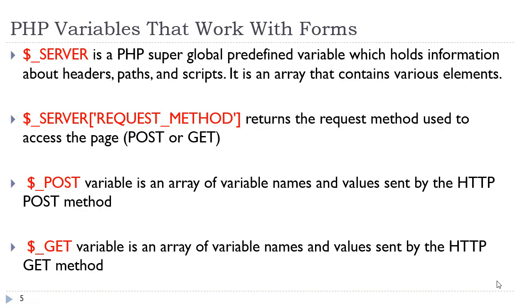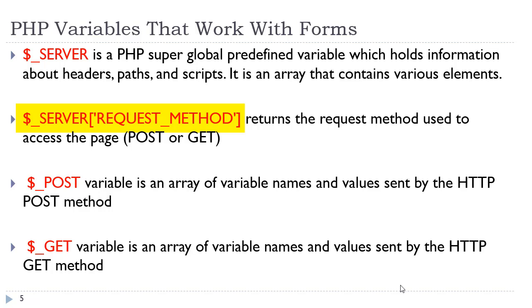PHP has several built-in variables to enable us to work with forms. We have already looked at the $_SERVER super variable, which holds information about paths, headers, and scripts. Technically, this is an array that contains various elements. One of those elements is the request method.